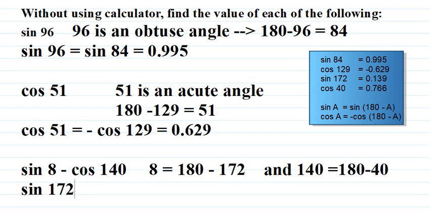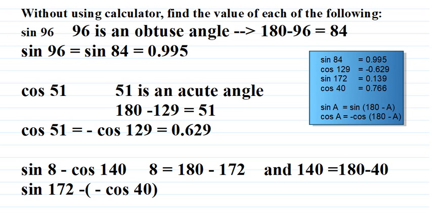Again, it's easier to remember that whether acute or obtuse, sine will always be positive, so we don't have to care about positive or negative. But in cosine, remember that cosine of an obtuse angle will be negative. So cosine 140 is going to be negative cos 40.